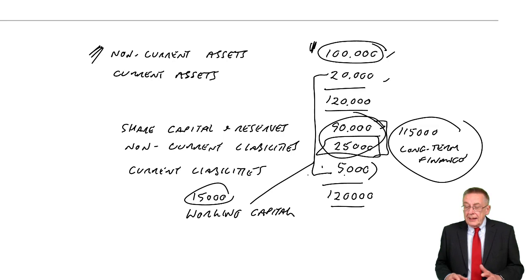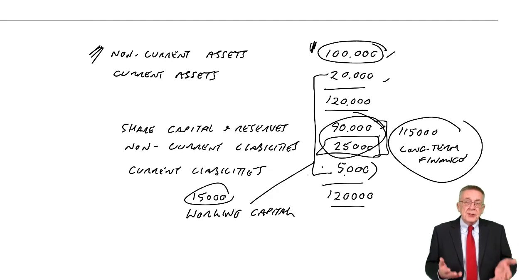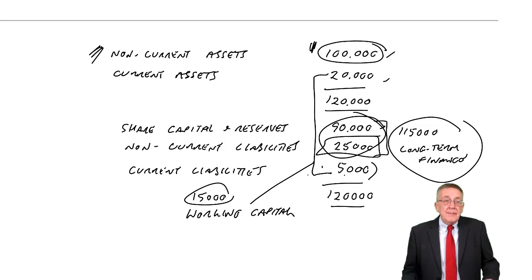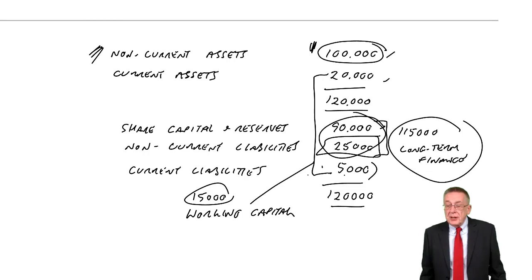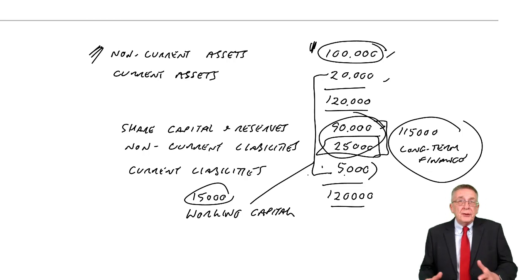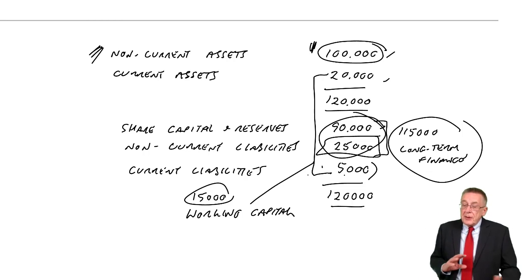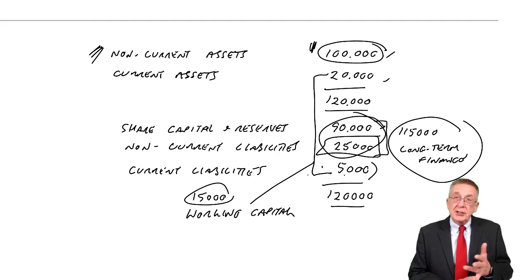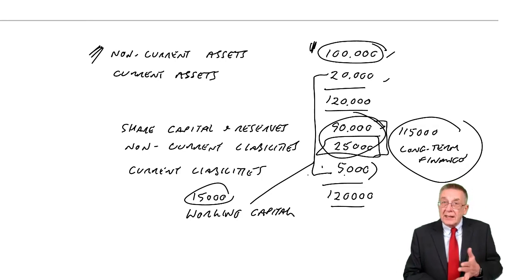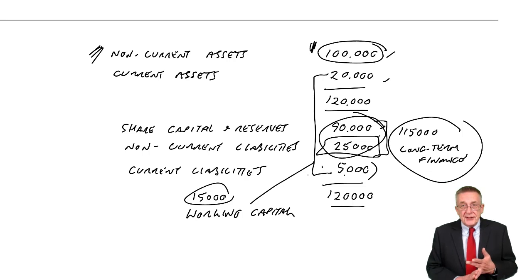And if you're borrowing from an overdraft, as your overdraft goes up and down, as you need more or less money, the interest goes up and down. Long-term finance, you're paying interest on that full 25,000 all the time. So the point is, short-term finance, on the one hand, can end up being cheaper, but is a lot more risky.